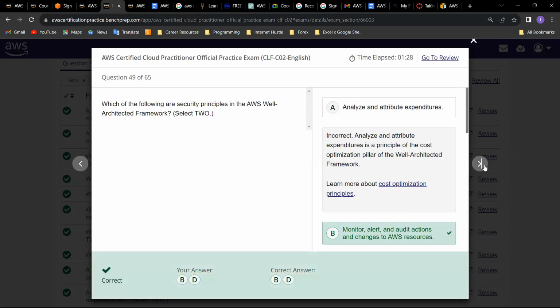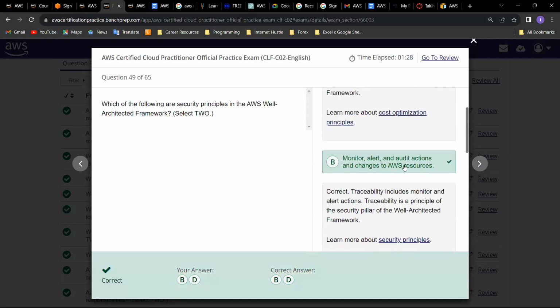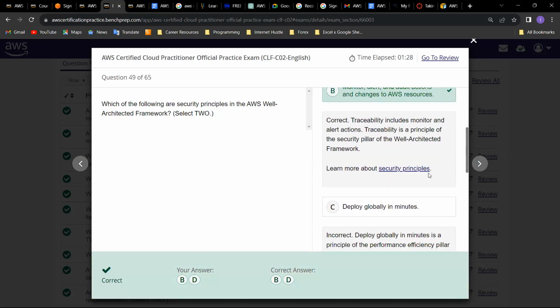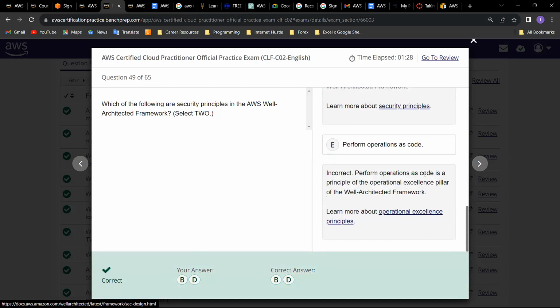And which of the following are security principles in the AWS Well-Architected Framework? Question 49. Yeah, so monitor, alert, and audit actions and changes to AWS resources. So monitoring is part of security. And D was protect data in transit and at rest.